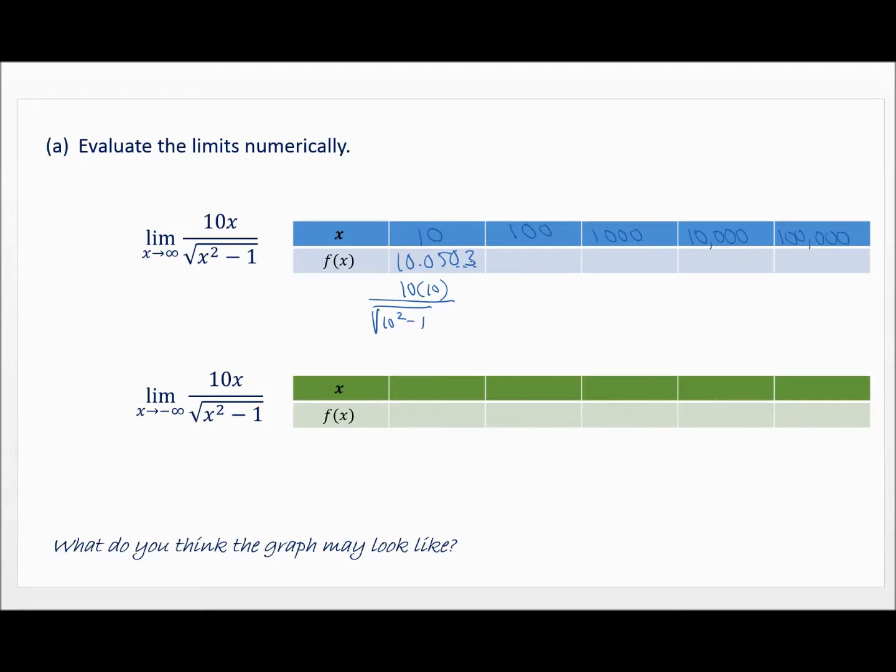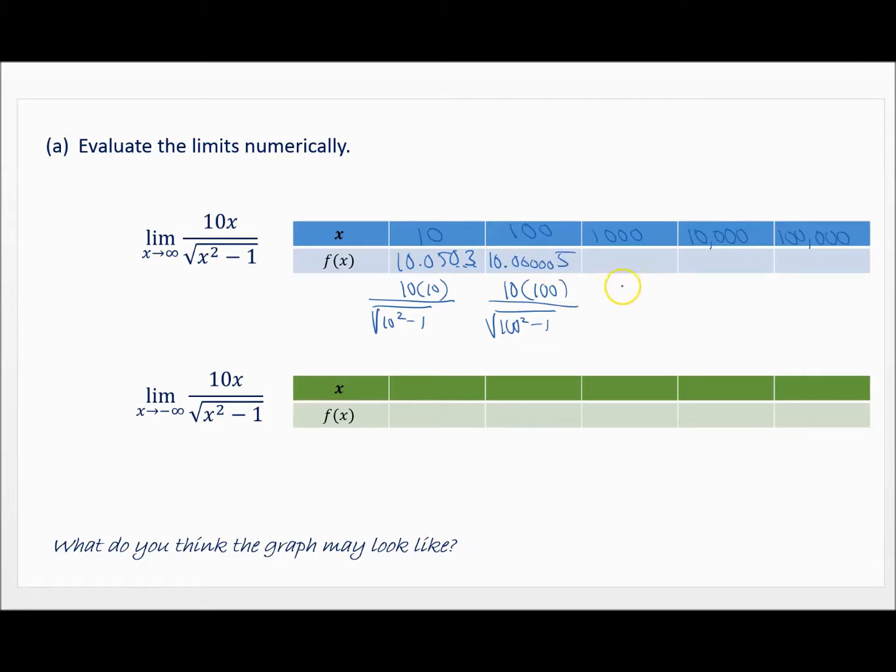And then the next problem I would do 10 times 100 divided by the square root of 100 squared minus 1. Now, I'm not going to type all these in right now, because lucky for you, I've already got them simplified. And so when I plugged in 100, I got 10 point, now watch this, 0, 0, 0, I got to count the zeros, 1, 2, 3, 4, 5, and then a 5.